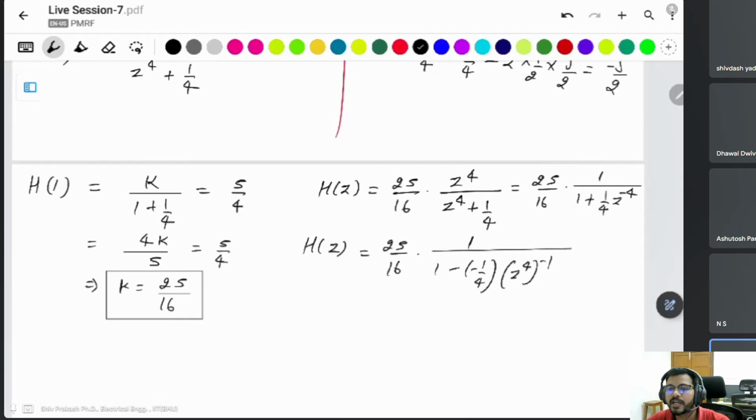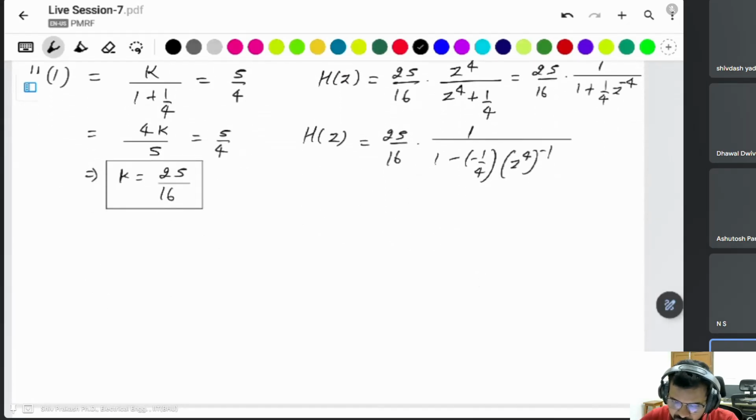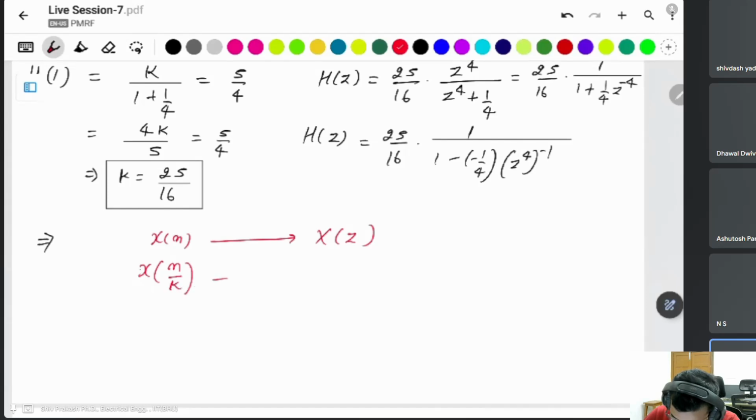Why am I writing like this? Because of making use of a property. There are some scaling properties. If x(n) has a z transform X(z), and there is some scaling factor k in the time domain, then in the z domain it will be z to the power of k.